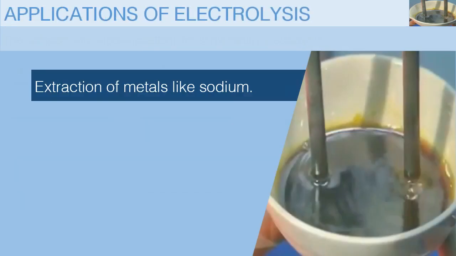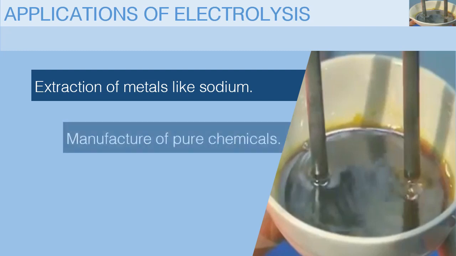Aluminium is a very important metal that is extracted using electrolysis. Although electrolysis is an expensive method and other cheaper methods have been devised, electrolysis still forms the main method for extraction of aluminium. It is also used in the manufacture of pure chemicals like hydrogen gas, chlorine gas, and sodium hydroxide solutions.